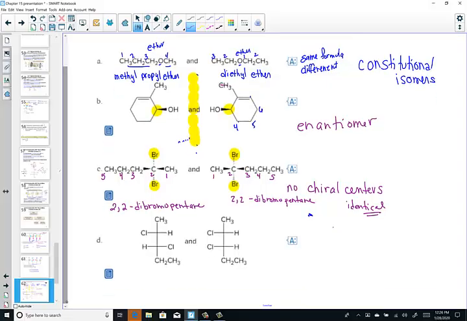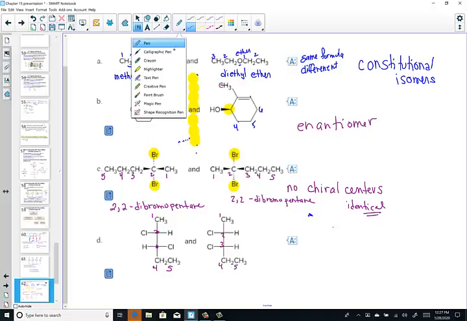And one more to check out together. The last structure gives us a Fischer projection. I see that there are 1, 2, 3, 4, 5 carbons in the longest chain. Carbon 2 and carbon 3 are chiral centers. That's the same here. 1, 2, 3, 4, 5. 5 carbons in the longest chain.